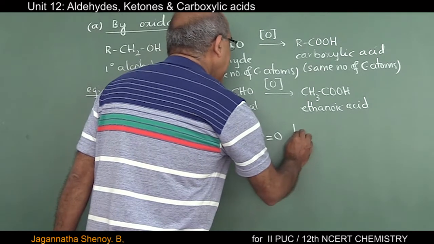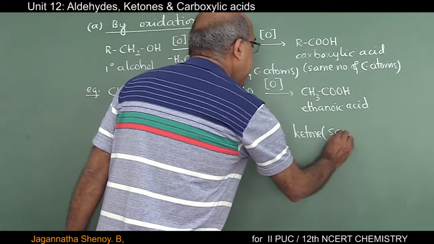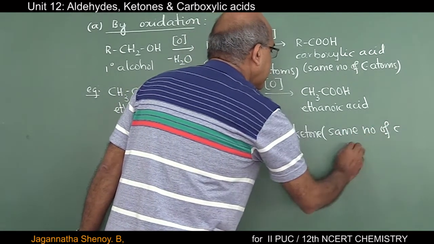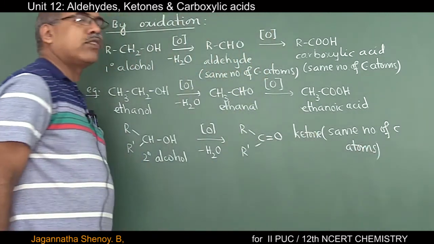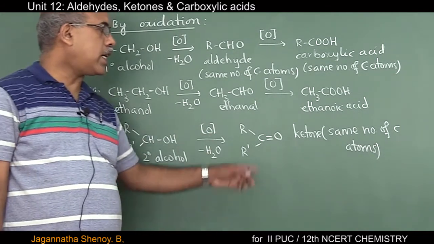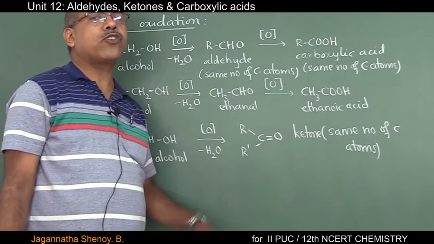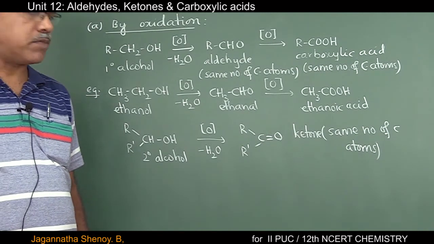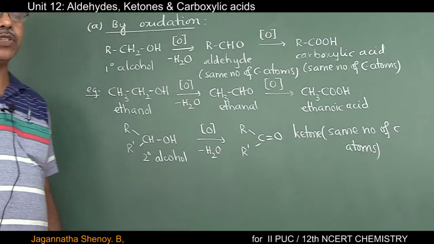So we get a ketone and this ketone contains the same number of carbon atoms. And then we know that ketones do not undergo oxidation so easily. If you still want to oxidize it, you have to go for drastic conditions, then you will get carboxylic acid, no doubt, but it contains a lesser number of carbon atoms when compared with the starting secondary alcohol or ketone.